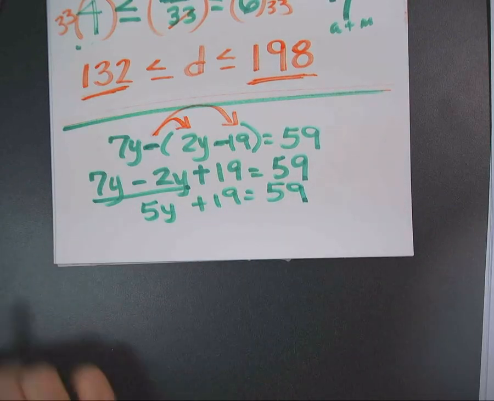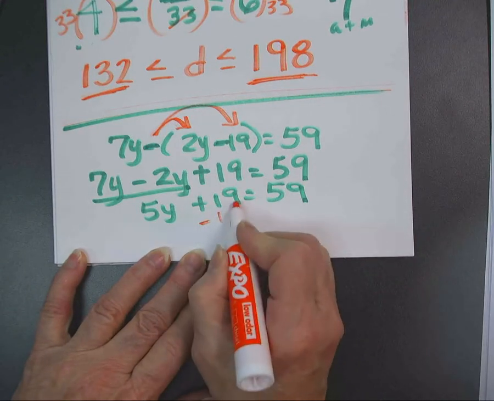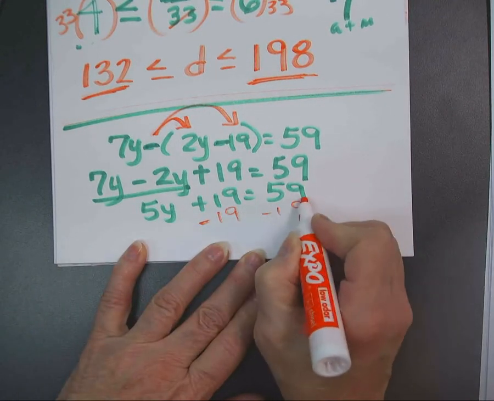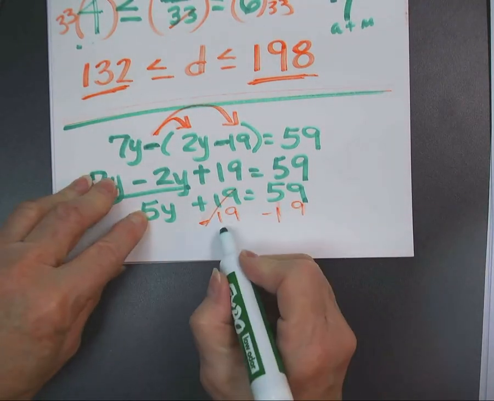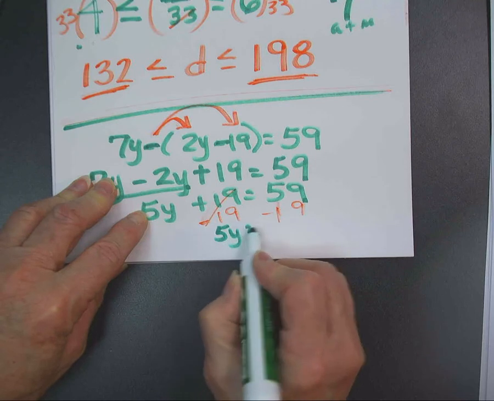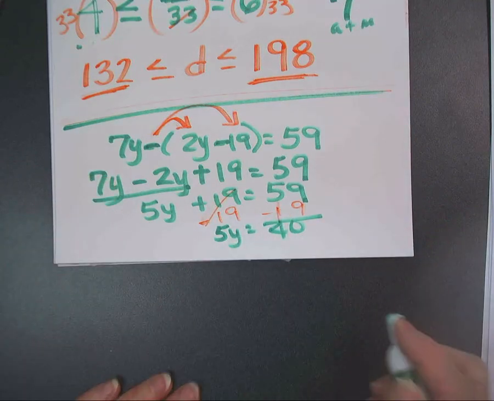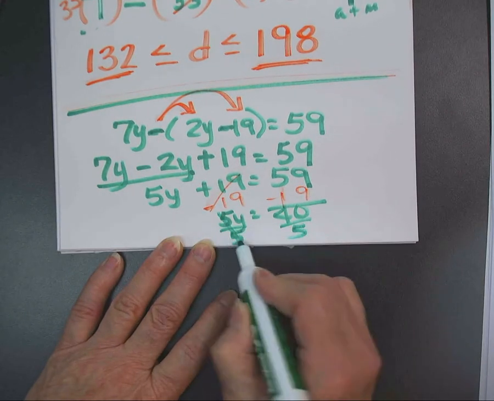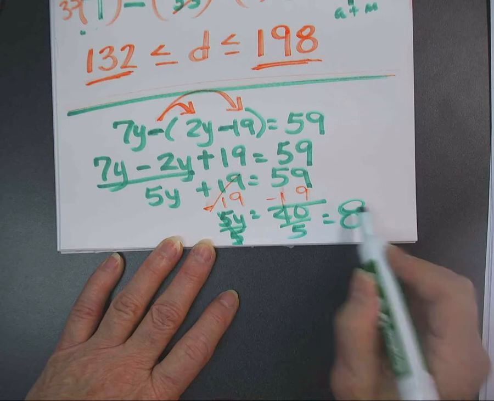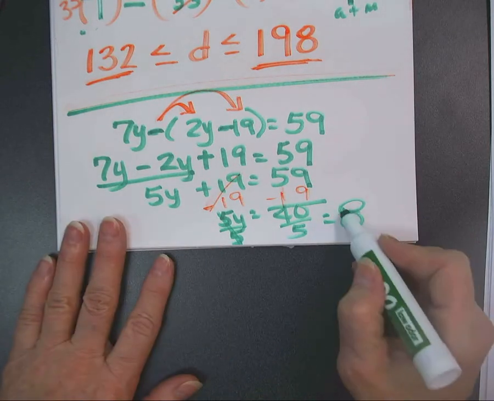And now what do we do, Vernon? Subtract 19 on both sides. So we still have 5y equals 40. And then divide by 5. So it's just 8. So that's your solution.